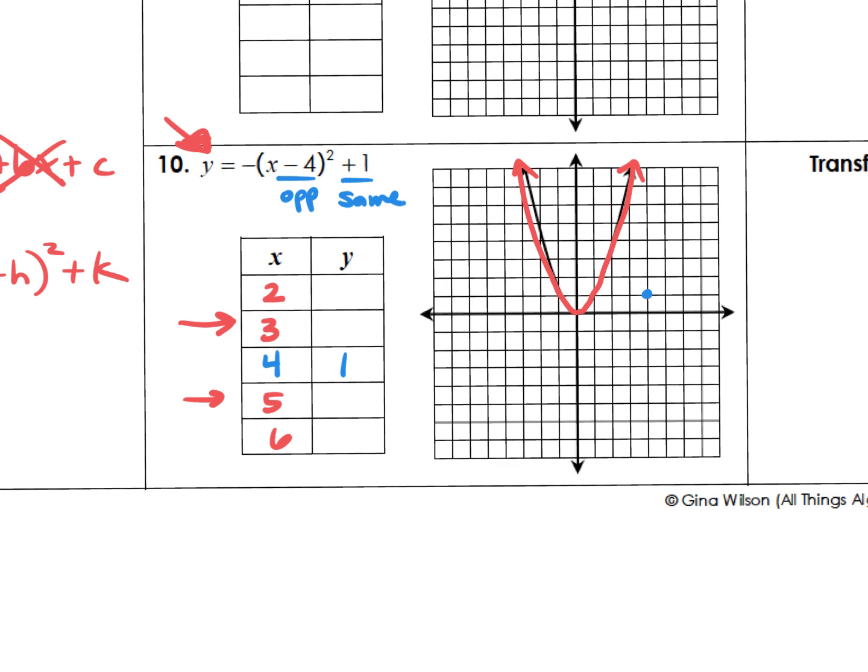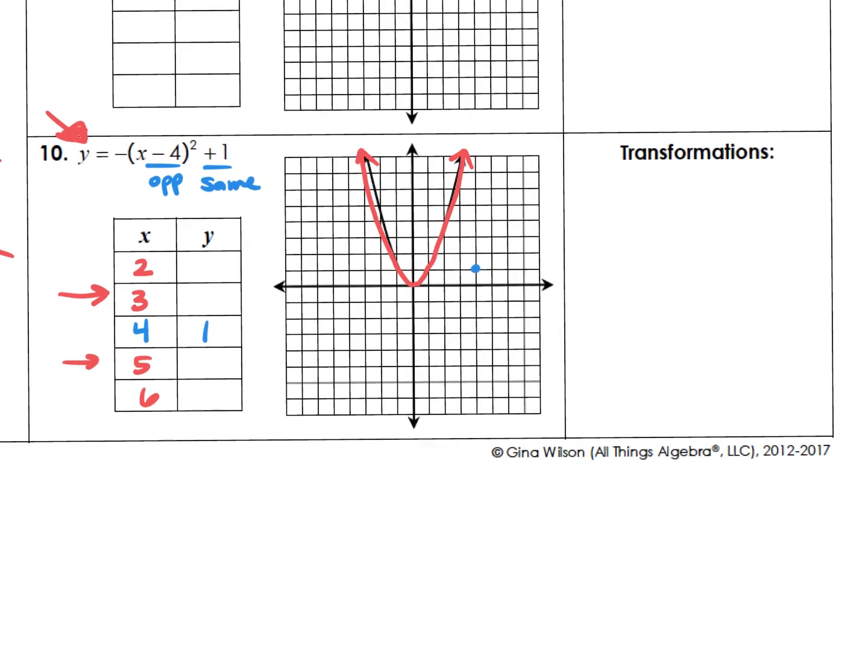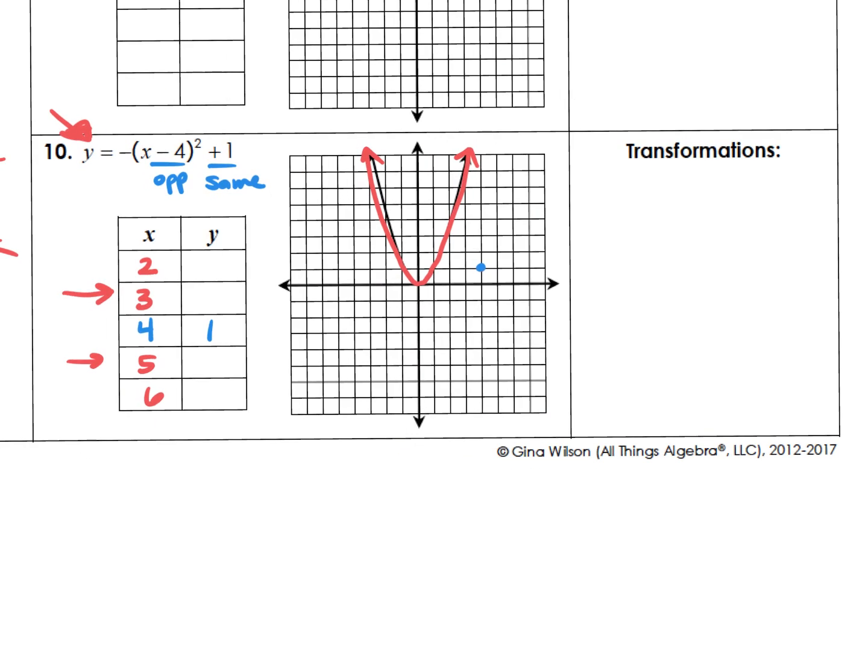So from this setup, we shifted 4, 1. Essentially that means if my vertex is 4, 1, I shifted 4 where? 4 to the right and 1 up, okay? So that's the transformation that's happening, partially. There's going to be another piece to it.